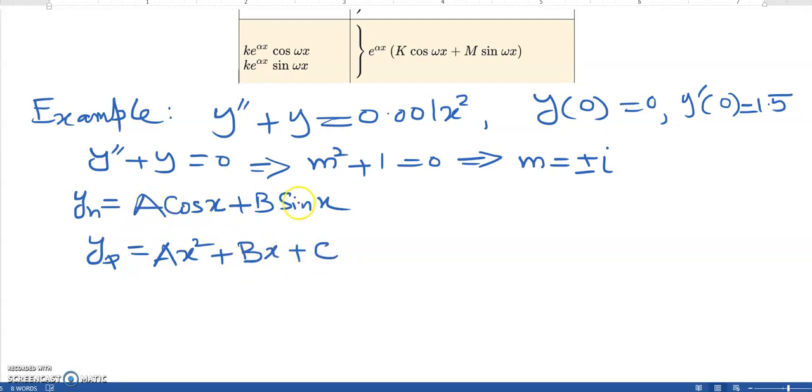Actually, I have already used a and b, so maybe it's better I should not use a and b again. Maybe I can use some other letters.